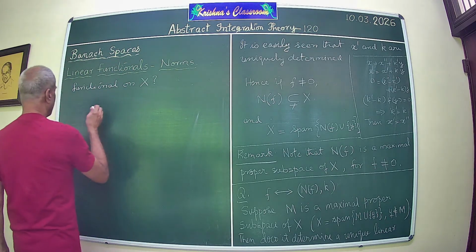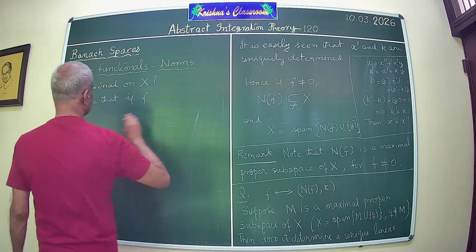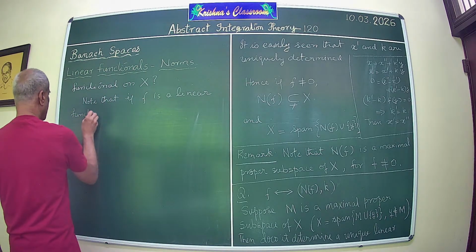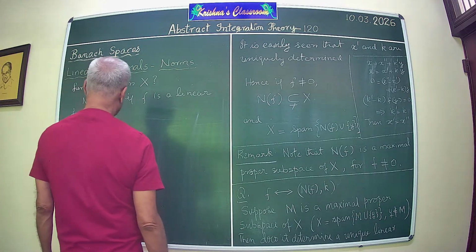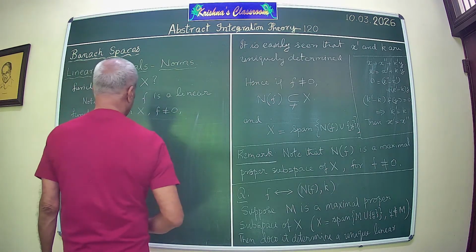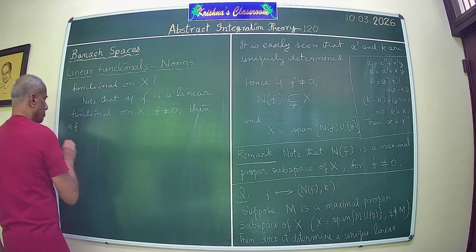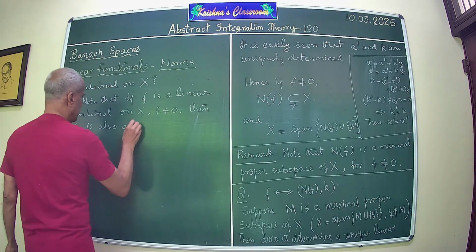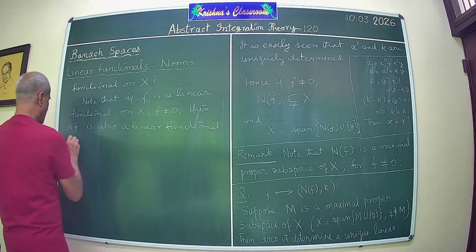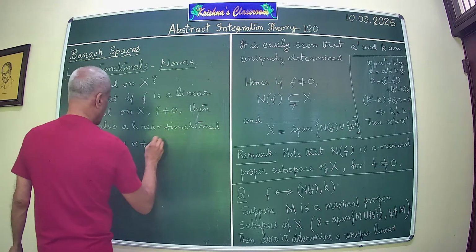So this is the question that you ask. Now let us immediately see the following. Note that if f is a linear function, alpha f is also a linear function, alpha not equal to 0.